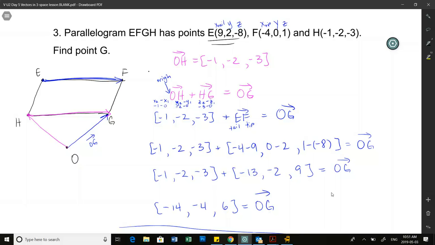So I still have to have something like this, but it can be rotated for sure. I'm finding the point G that makes sure that all opposite sides are parallel and equal, right? But essentially what I have is a shape that's being moved in 3D space, right? It can be on an angle like this, right? So we're solving for the point that makes sure that this is a parallelogram.